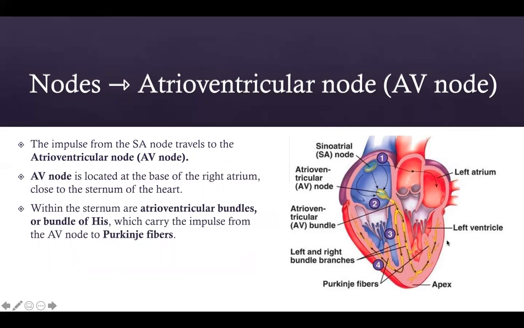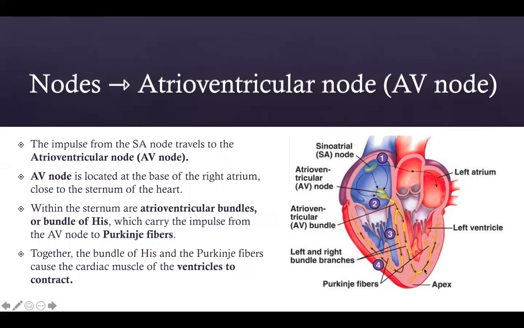I always trip up over that word. These cause your ventricular muscles to contract. So it starts at the SA node, sends the signal down to the AV node, and these fibers, which are embedded in the heart muscle, cause the ventricles to contract.